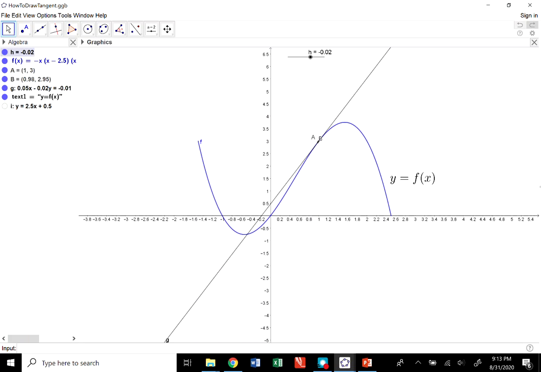So, first thing, this is how you draw a tangent line. And the second thing, what is the derivative of this function at this point? Whatever is the slope of the tangent line, that is the derivative at this point. As simple as that.